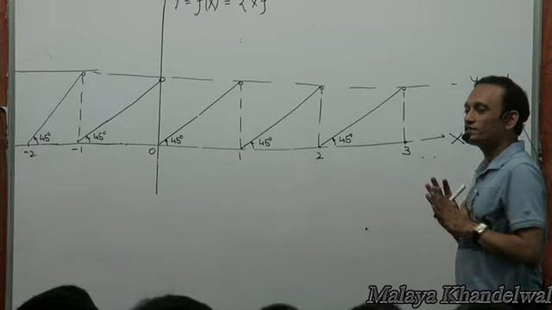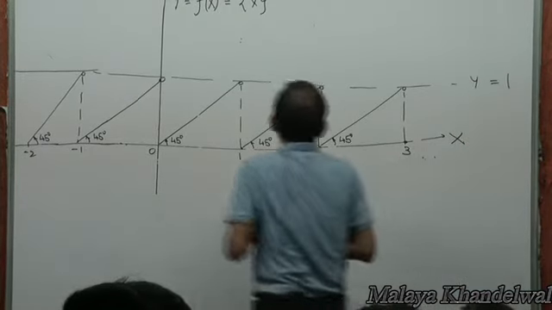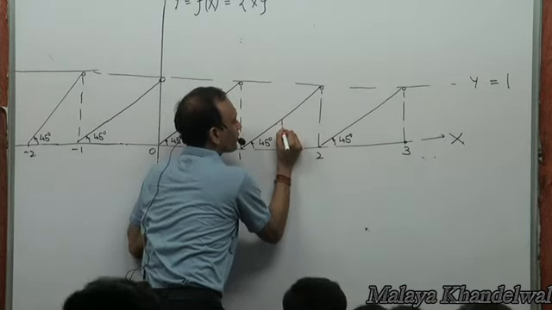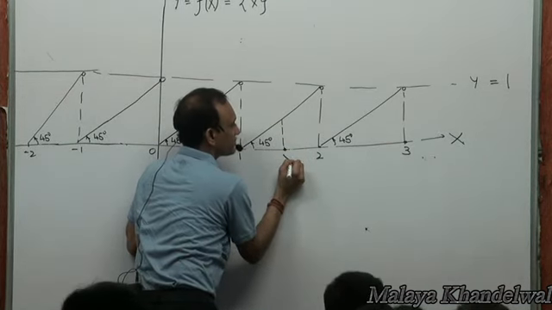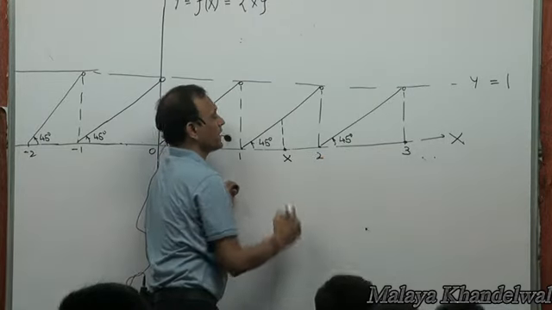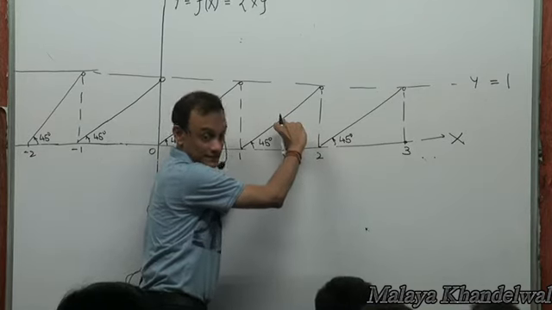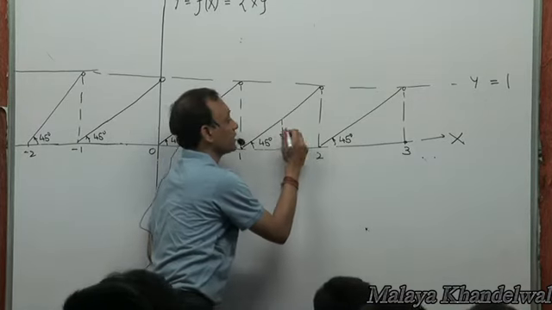Now, one simple thing which you can establish using similar triangles. At a given x, see, this triangle is identical to this triangle, right? At a given x, this length would be the fractional part of x, isn't it? This length will be the fractional part of x.